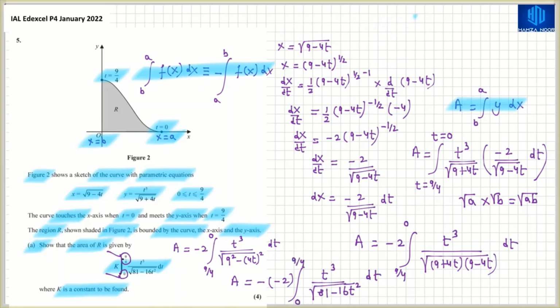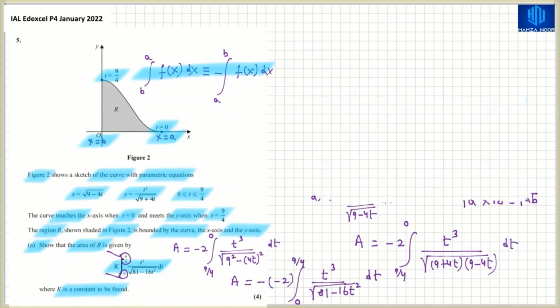So I'm going to erase some of the working from the top so I can make some space for mentioning the final answer. So now we can say that area is equal to 2 multiplied by the integration of t cubed divided by the square root of 81 minus 16t squared with respect to t, with the upper limit 9 over 4 and the lower limit 0.